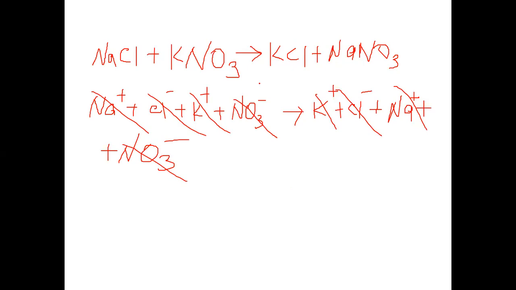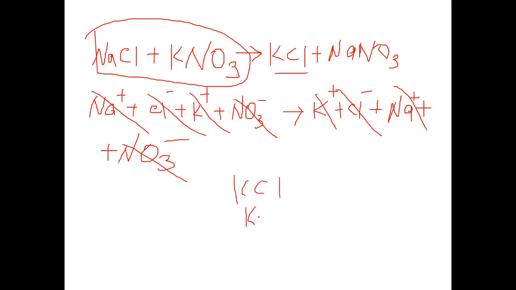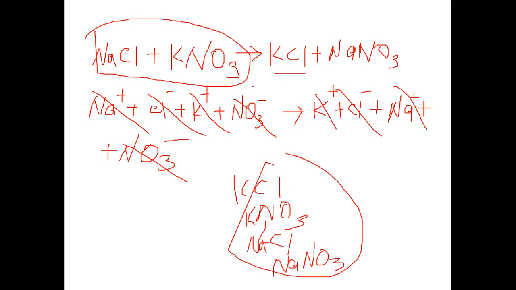So what is happening here is that when you mix these two, you never know which one you have. You basically have all the mixture: you have KCl, you have KNO3, you have NaCl, and you have NaNO3. You will have all these mixtures because the reaction between these two will never happen like this. So all of these are spectator ions, or you will have just a mixture of all of these.